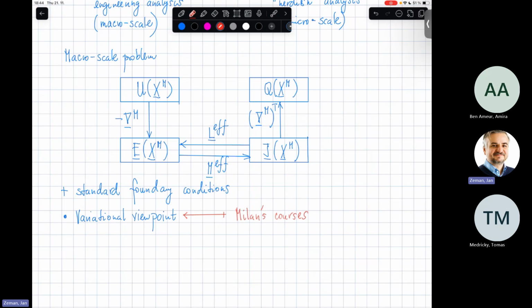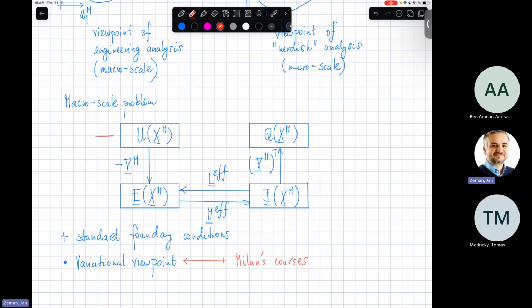If I would like to understand how this is to be interpreted from the point of view of variational principles, then this is precisely what Milan did. So I can now repeat the same story or better skip that. Okay? So it's completely equivalent, so it doesn't matter.